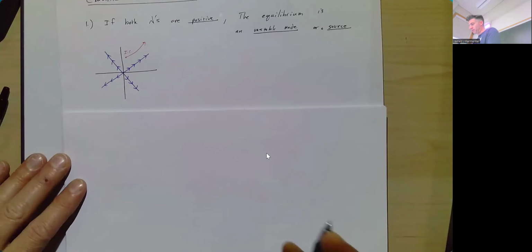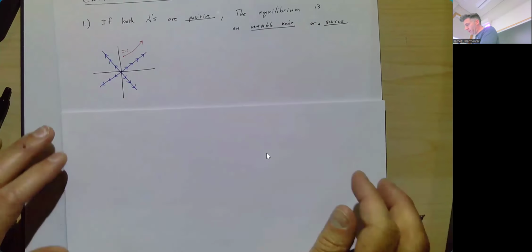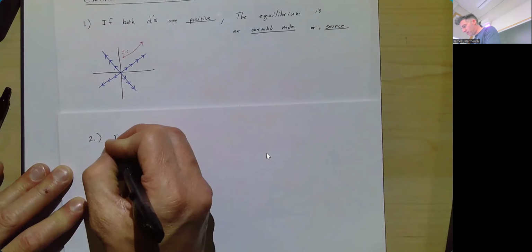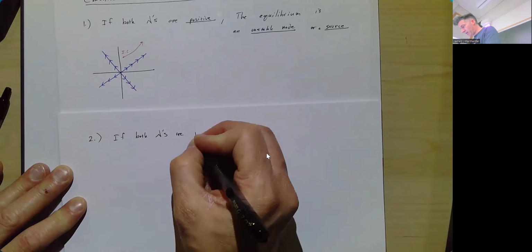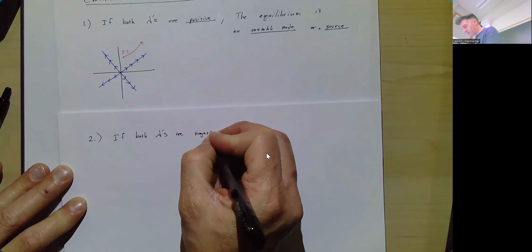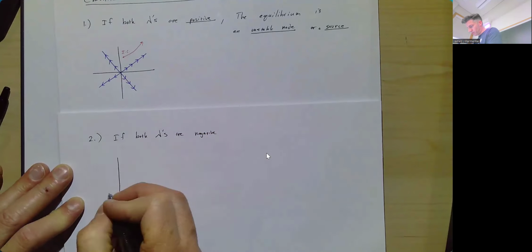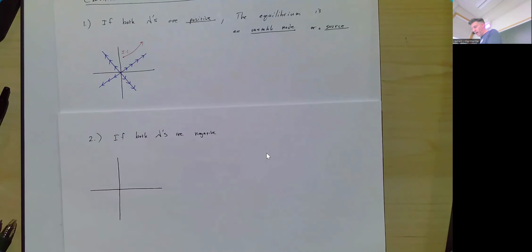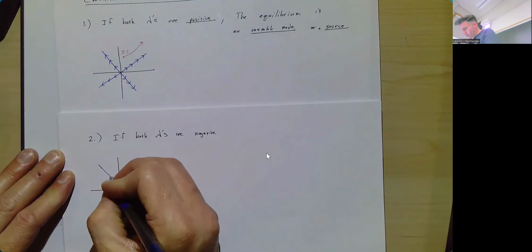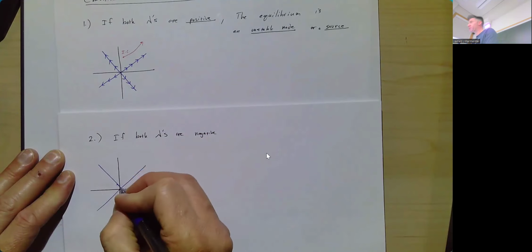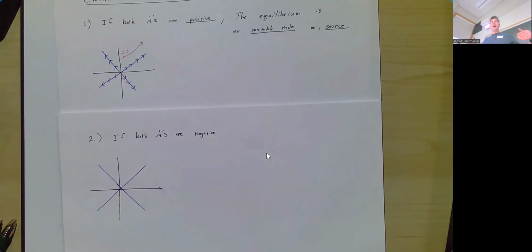If both eigenvalues are negative, then we have a similar sort of situation. Now along the eigenlines, which again might not point in exactly these directions, they could be in whatever directions the eigenvectors happen to be, I'm just drawing them generically.